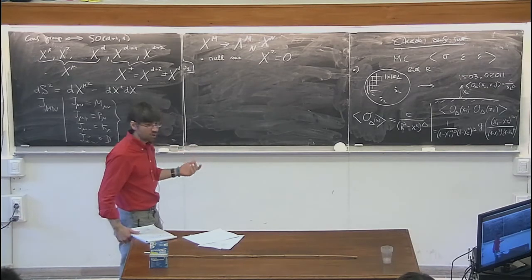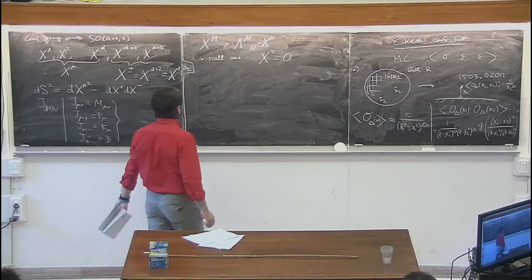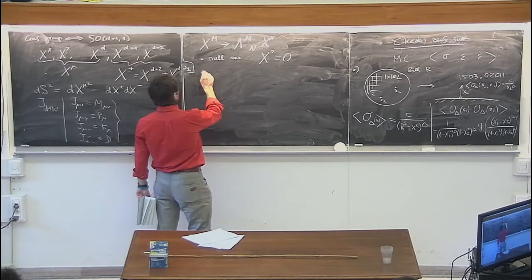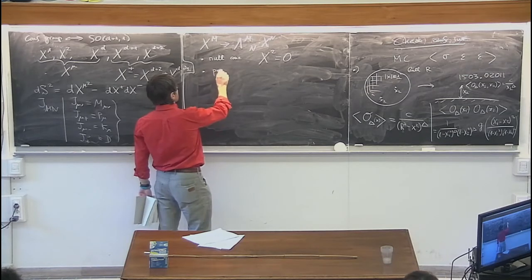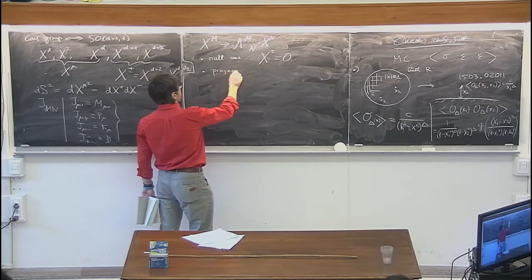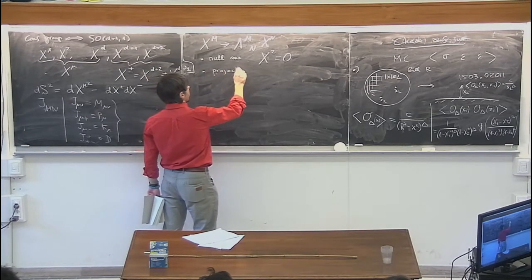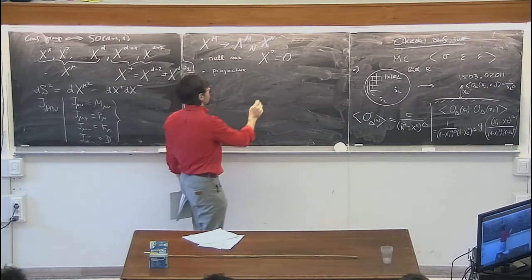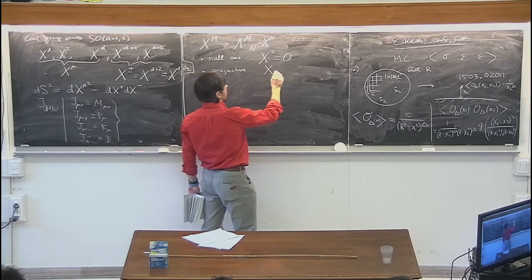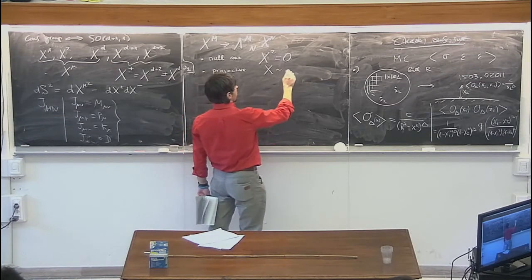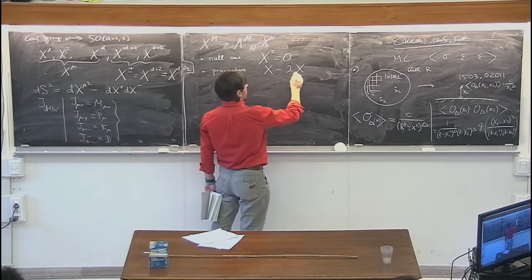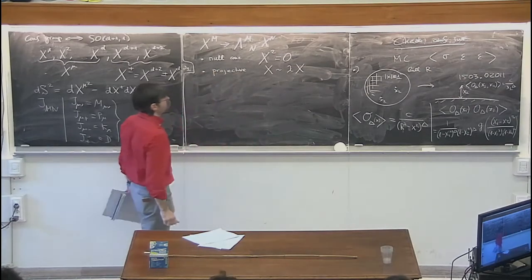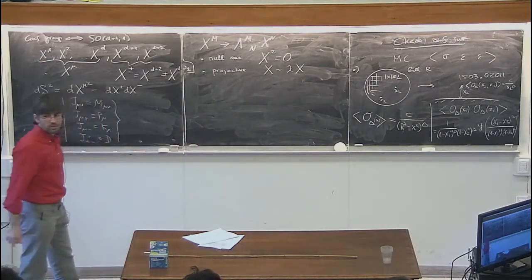But that's not enough. I need to get rid of yet another coordinate, and for this I do this trick which is called projective. I go to the projective representation, which means I'm going to identify on my null cone all points which differ by a constant factor.